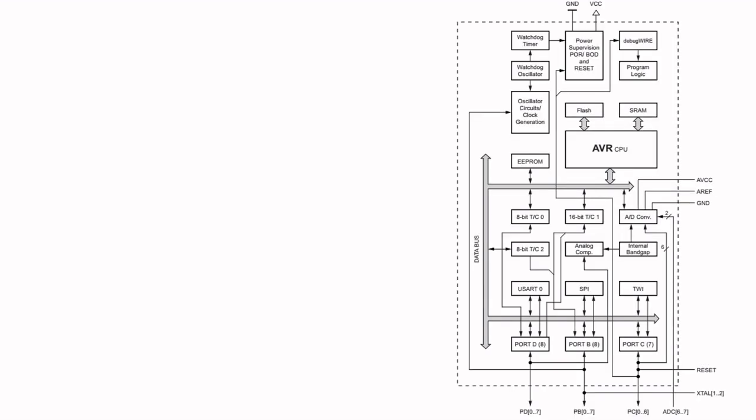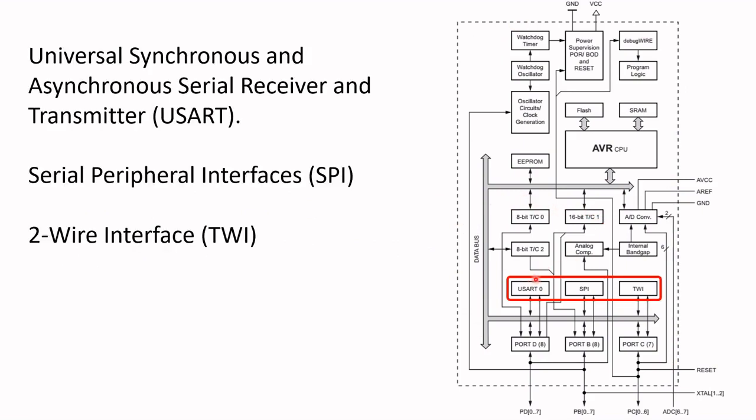So let's take a look at the ATmega328 serial communication. Here I have shown the block diagram of the ATmega328 microcontroller. The ATmega328 microcontroller supports three forms of serial communication. The first one is the USART, or the universal synchronous and asynchronous serial receiver and transmitter.